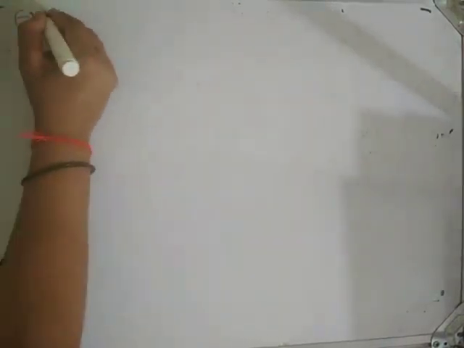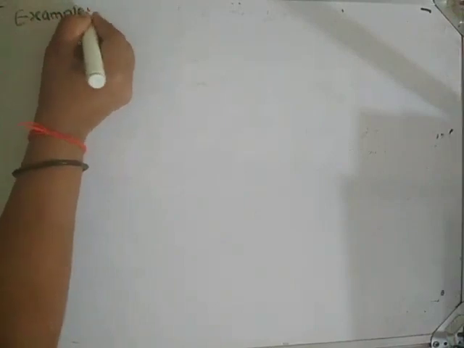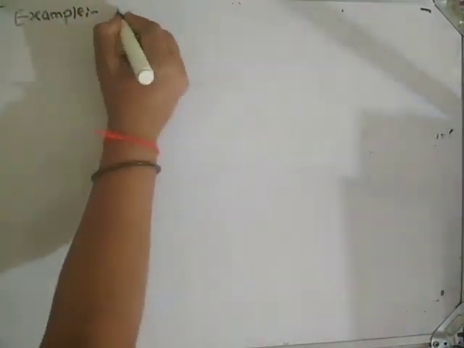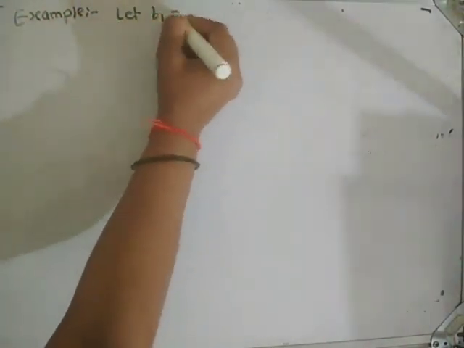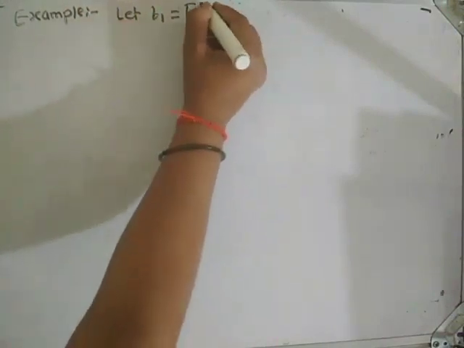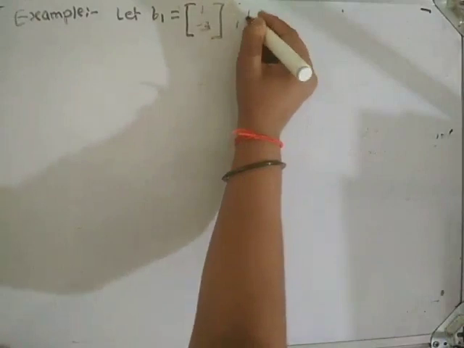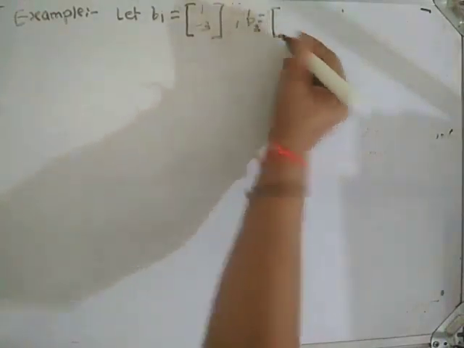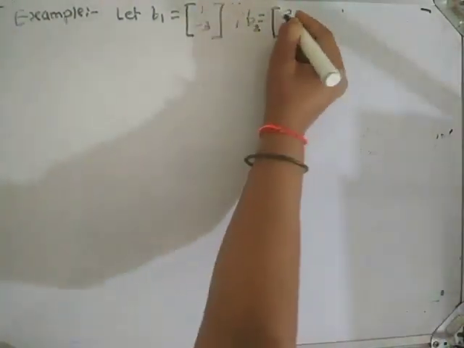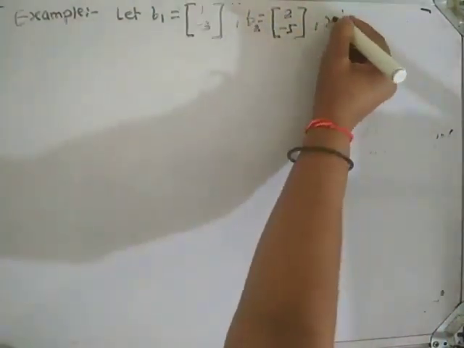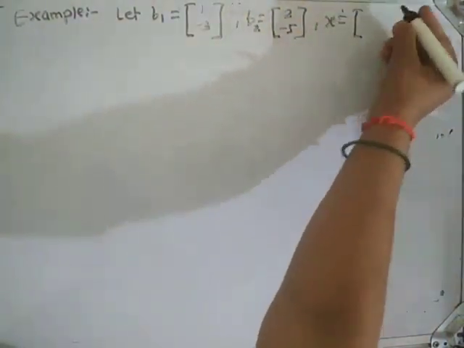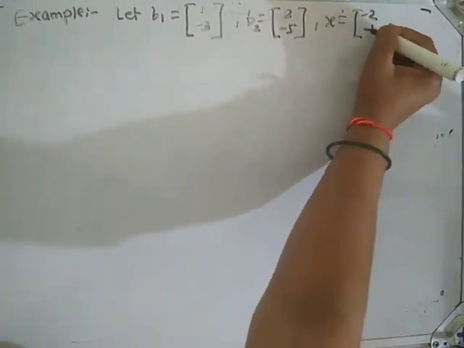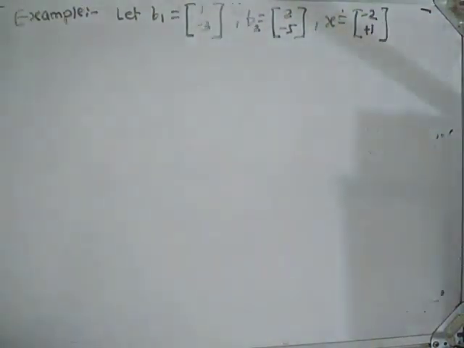Let us take one more example. Let b1 equal the vector (1, -3), b2 equal (2, -5), and x equal the vector (-2, 1).